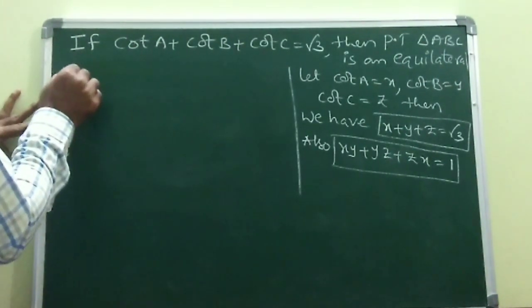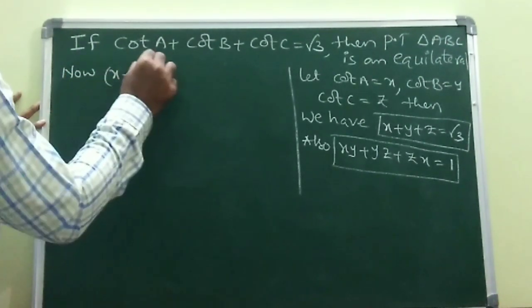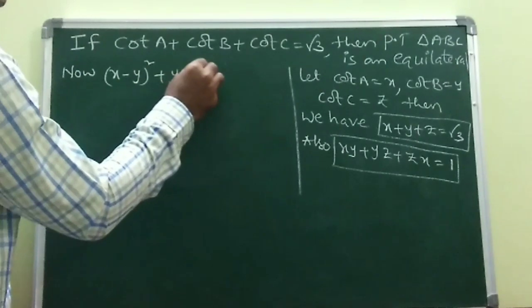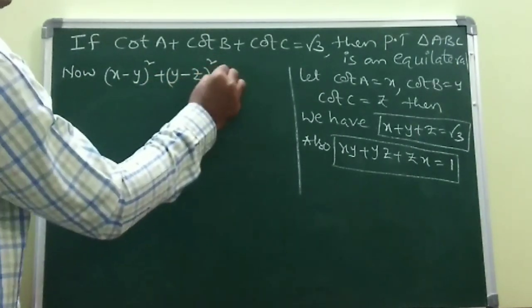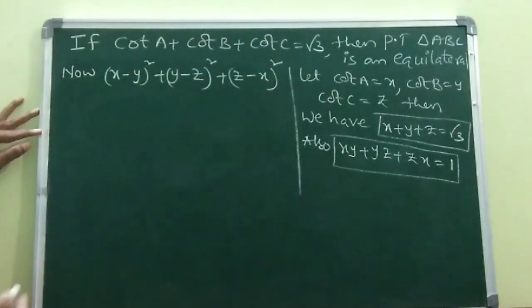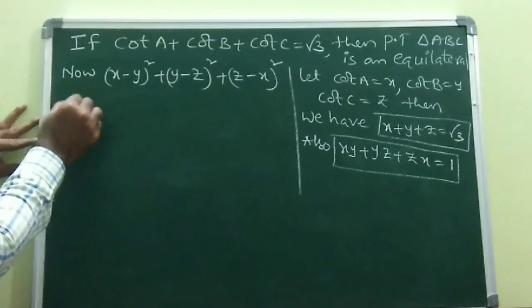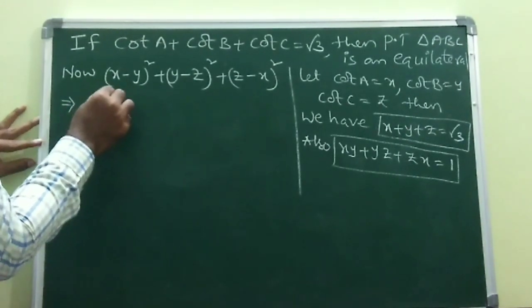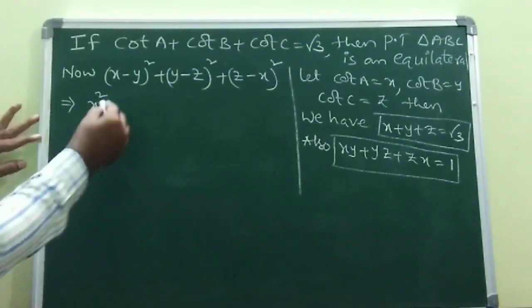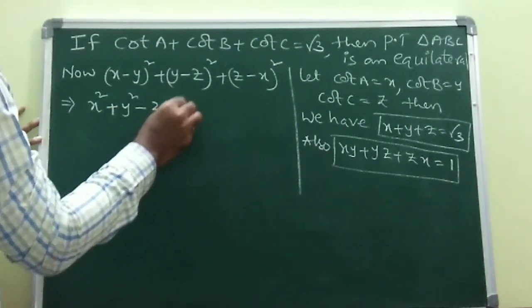Now let us find x minus y whole square plus y minus z whole square plus z minus x whole square. This value we want, isn't it? So see, how can we write it further? a minus b whole square is a square plus b square minus 2ab.